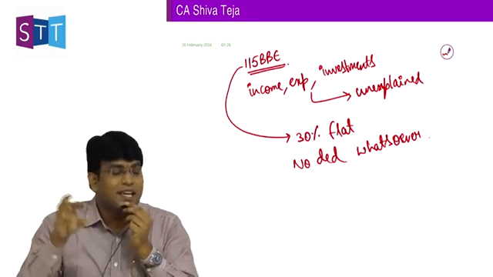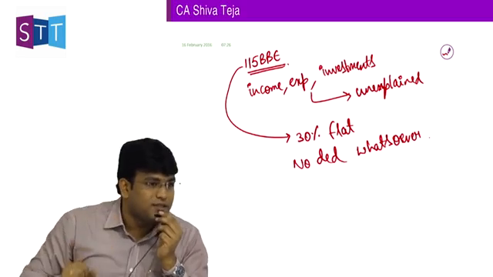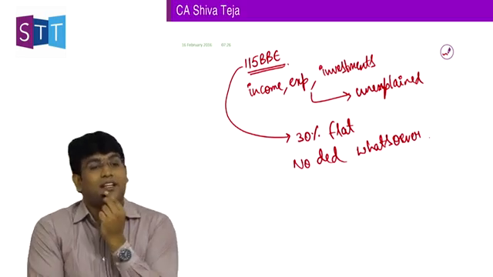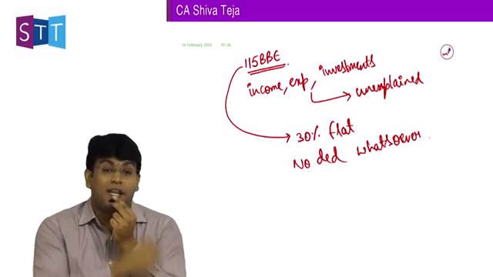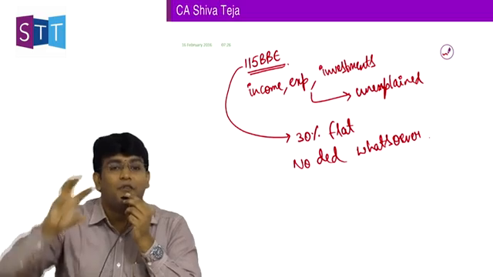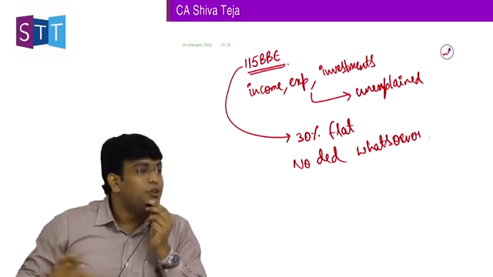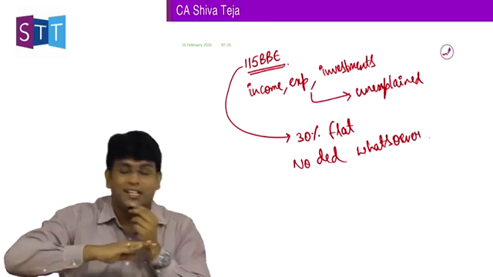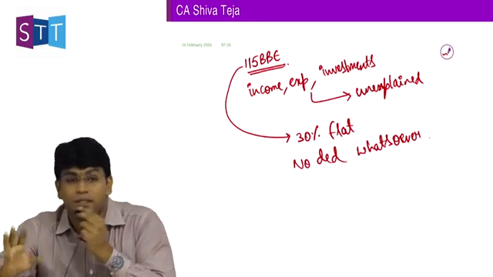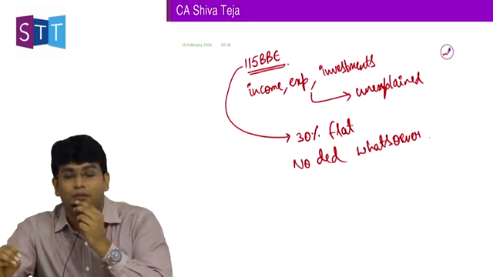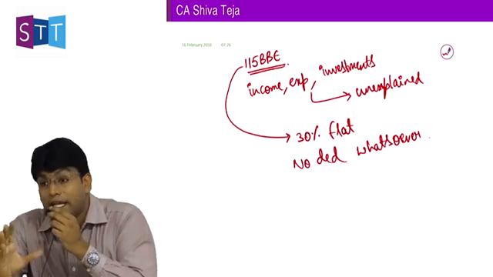Let us say he has unexplained income of 30 lakhs. The government says 30 lakhs is taxed at 30%. He says, out of 30 lakhs, 1 lakh I'll take an LIC policy and pay the premium, taking deduction. The government says, from these kinds of incomes, you cannot take any deduction whatsoever. They are taxed at a flat rate of 30% under section 115 BBE.